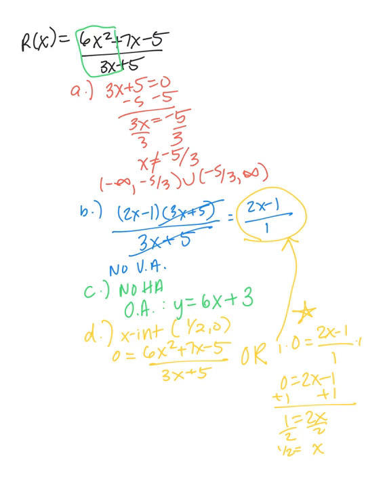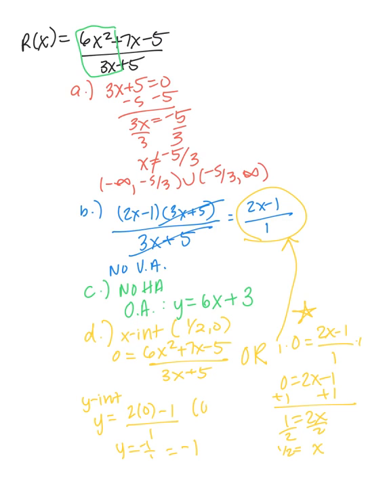Now to find the y-intercept, I'm going to plug in my 0. Again, I could do this to the original or I could do this to my factored form here. So I'm just going to go back to my factored form to make it a bit easier. So I get -1/1. So y is equal to -1.